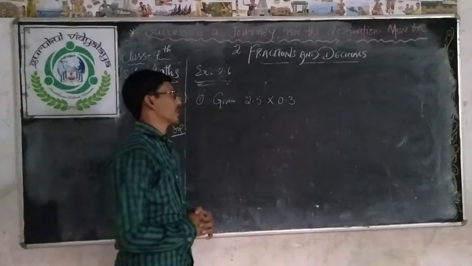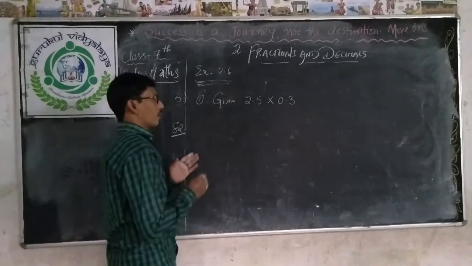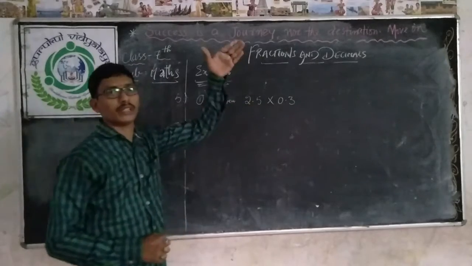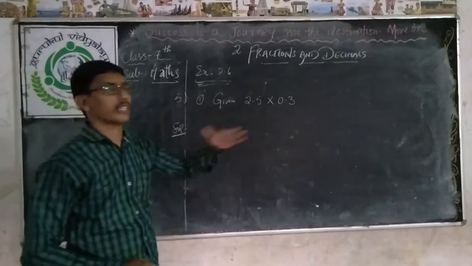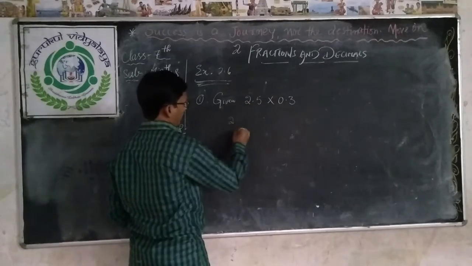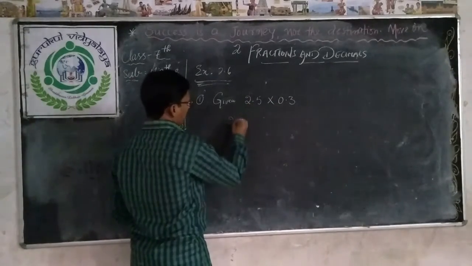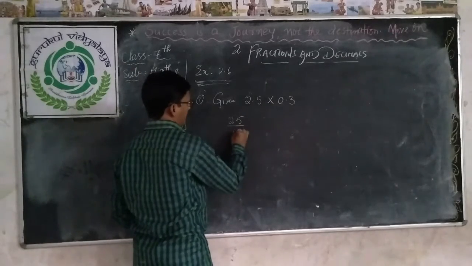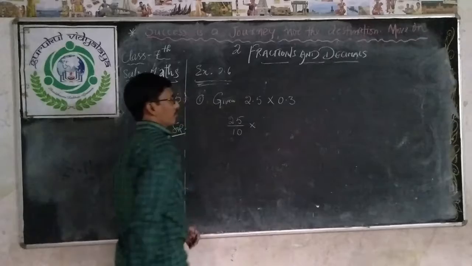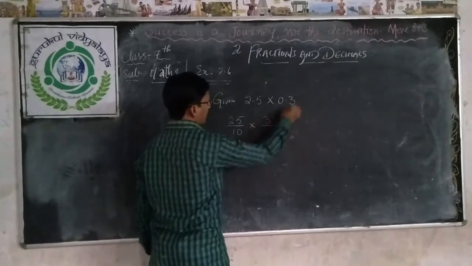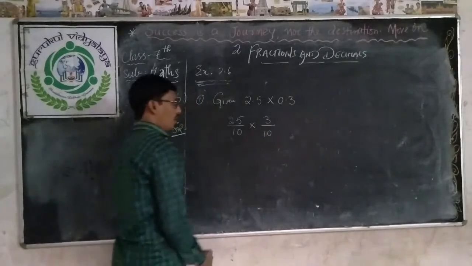With decimal numbers we can directly do the multiplication, or else convert these decimal numbers into fractions and then solve. For example, converting 2.5 into a fraction: remove the point, 25 by 10, because the 5 is in the tenths place. Then 0.3: remove the point, 3 by 10.